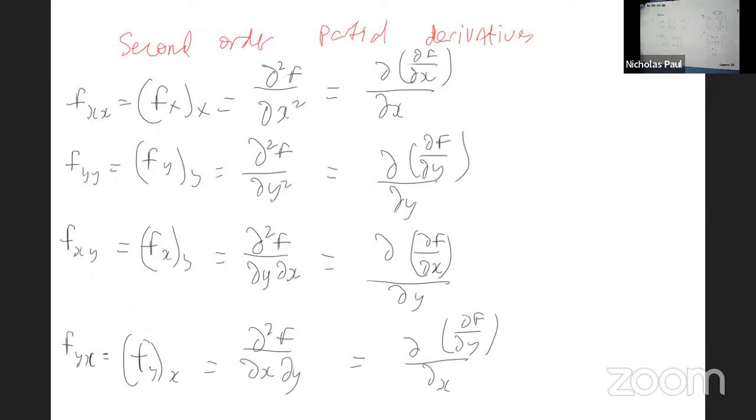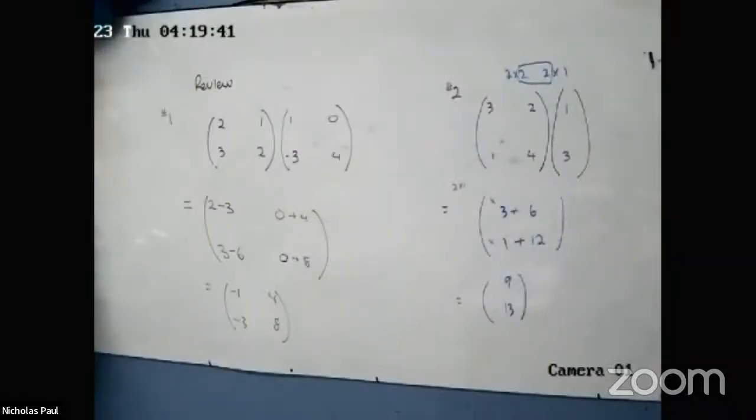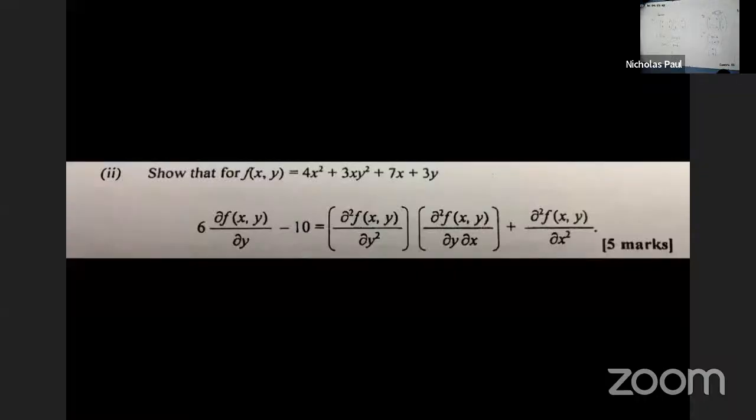Last one, that's it. Let's see if we could do this here. So I'll give you a function in terms of x and y. See if we can prove that.